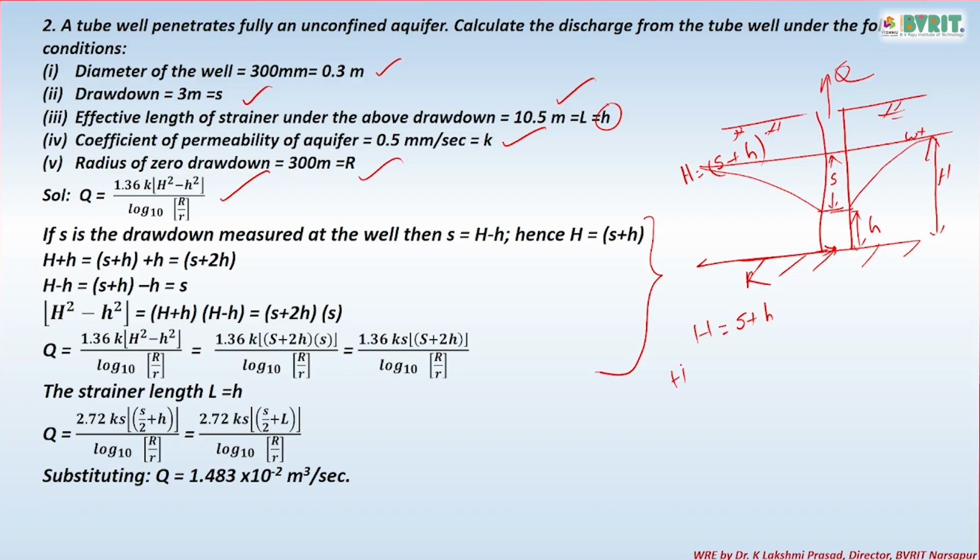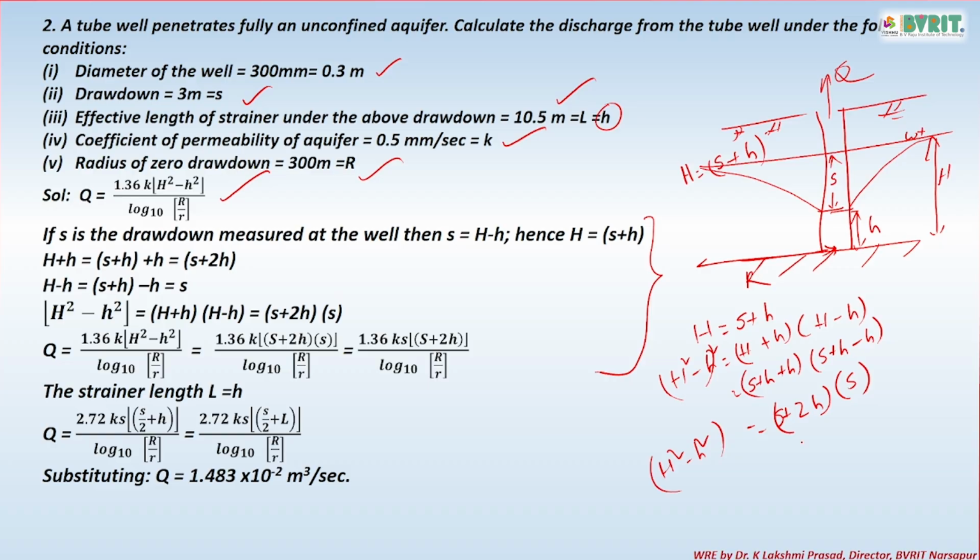H square minus h square is equal to (H plus h) into (H minus h). Therefore I can write S plus h plus h here, S plus h minus h here. So it is S plus 2h and this is S. So H square minus h square I can replace by S into (S plus 2h).